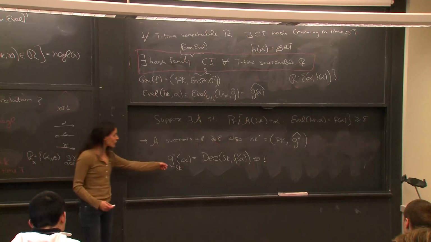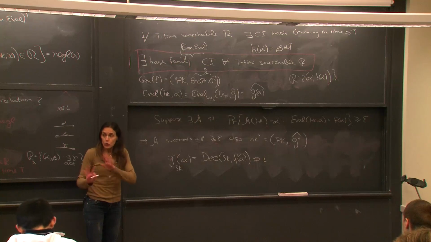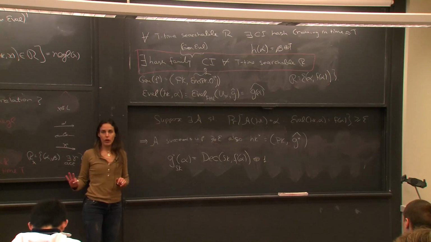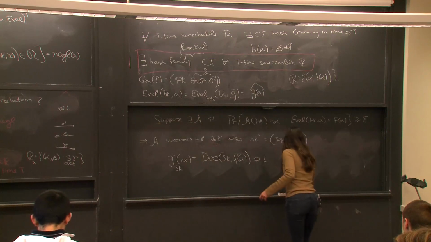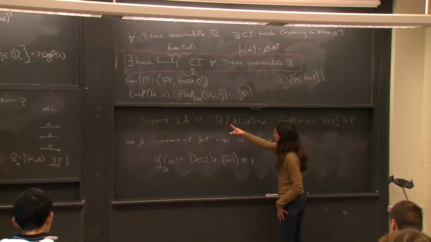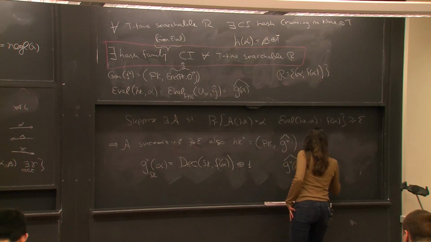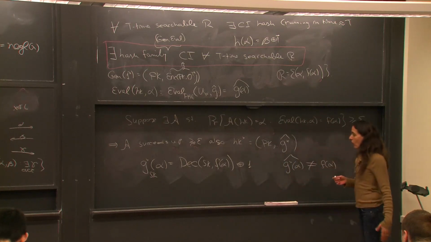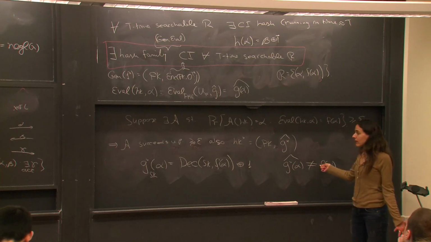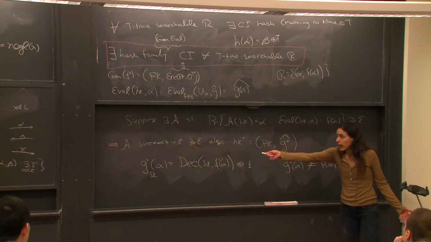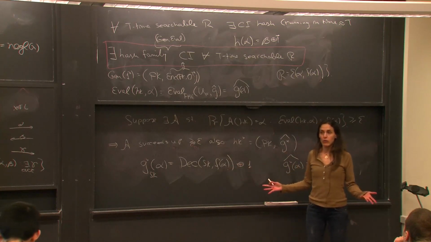And we show that if this is what you put there, it's impossible to output f of x. It's never the case. We want to say that the eval of G star on alpha is never f of alpha. Why? Because if it was, then if you decrypt this and decrypt this, you would get the same value. But if you decrypt this, you get G star alpha, and if you decrypt that, you get something else. And they're not the same.